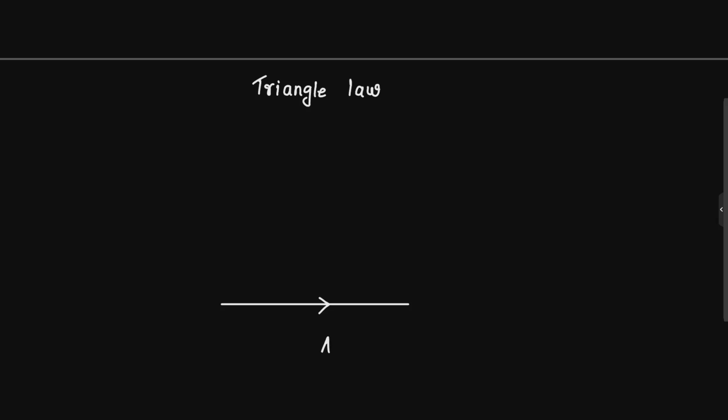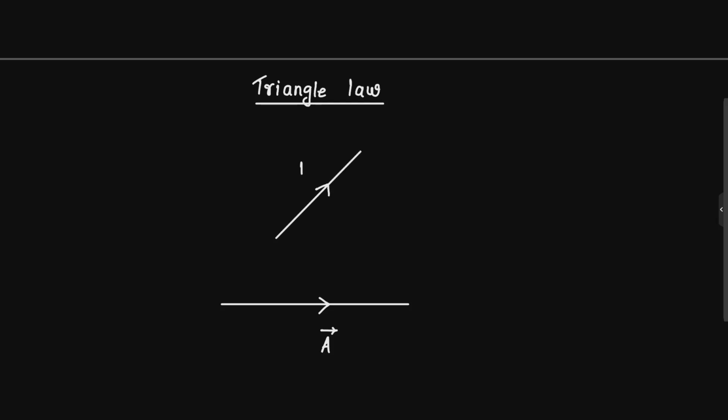So I'll give the heading triangle law. You are having a vector, let us say vector A. Now you will be having another vector also, that is your vector B.